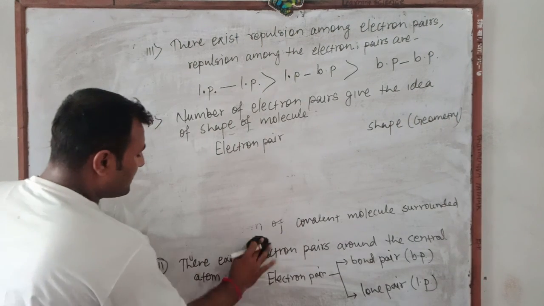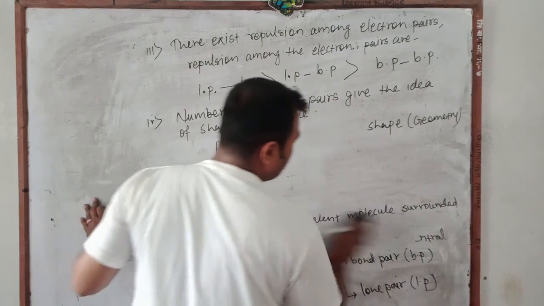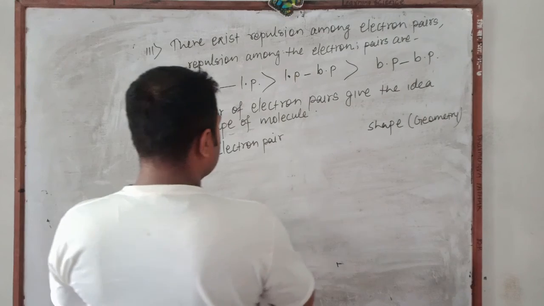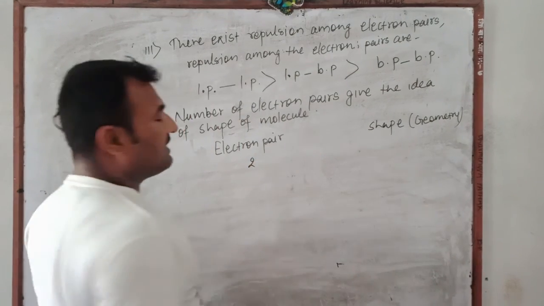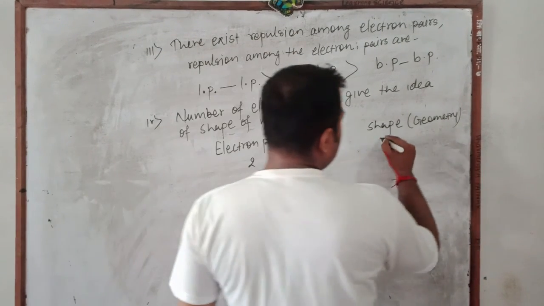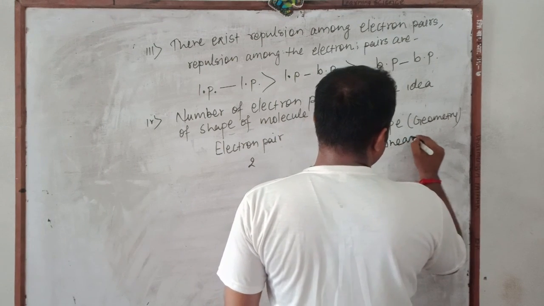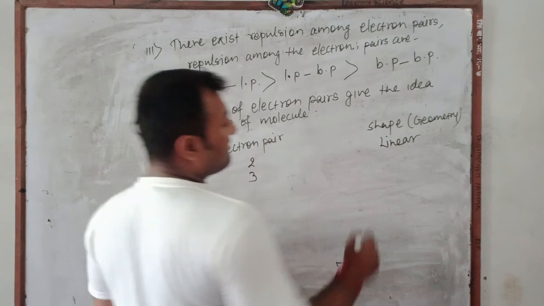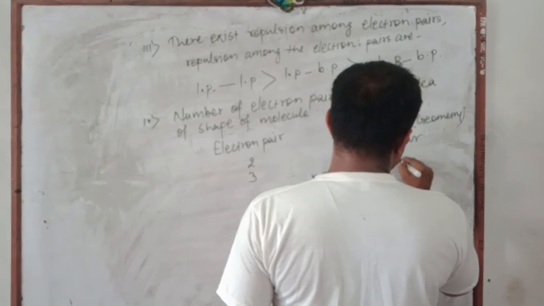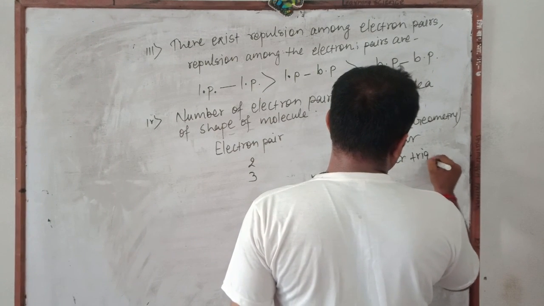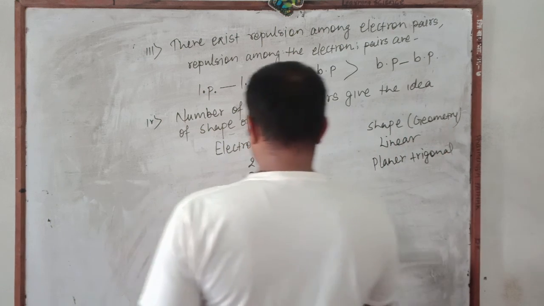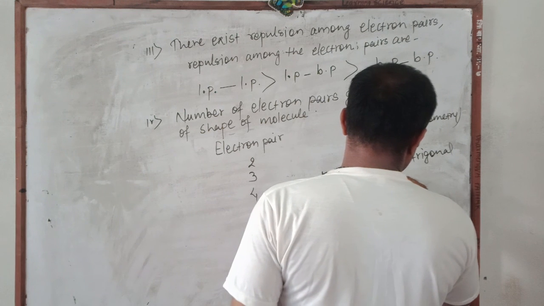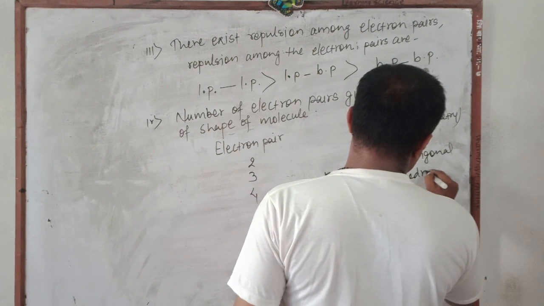If a molecule contains a different number of electron pairs, then a different type of shape is present. If 2 electron pairs are present, it gives linear shape. If 3 electron pairs are found, then trigonal planar. If 4 electron pairs are present, it gives tetrahedral.